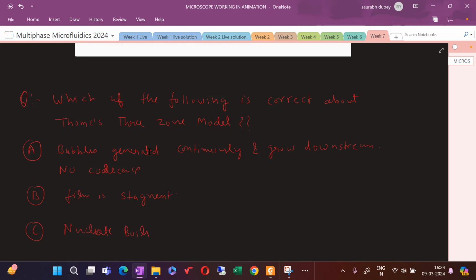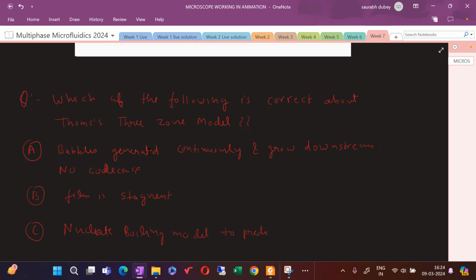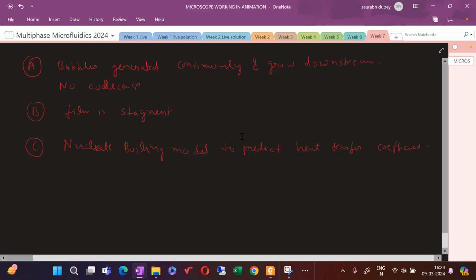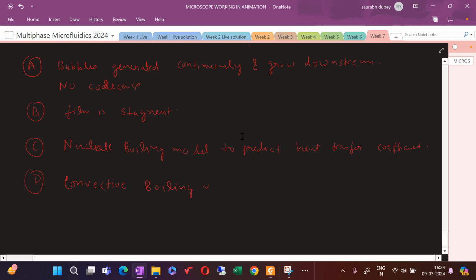Boiling model to predict heat transfer coefficient. Okay, this is convective boiling model.